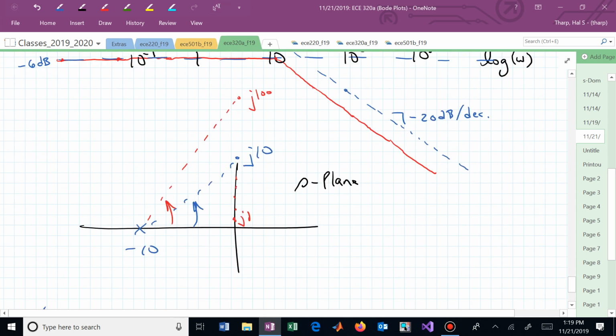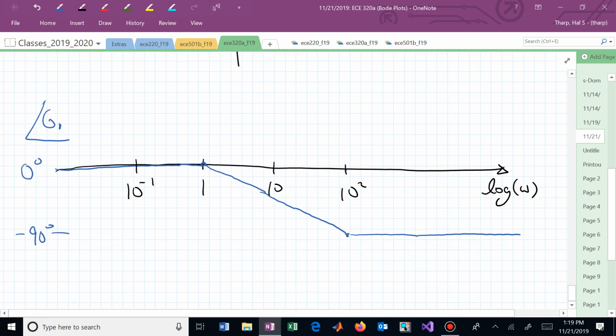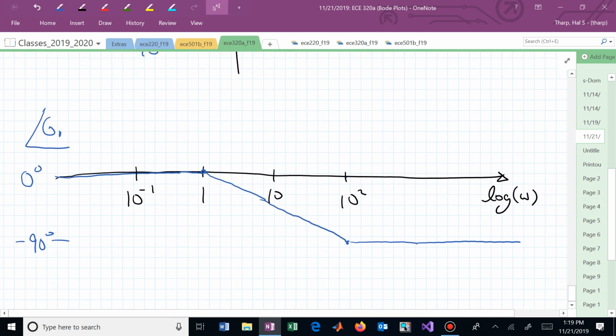We now know the magnitude and phase for G sub 1. And if somebody says, how's this system going to shake at 100 radians per second? You can now tell them. You can say, oh, the phase is going to be minus 90 degrees. So here's the phase, G1 of j100.